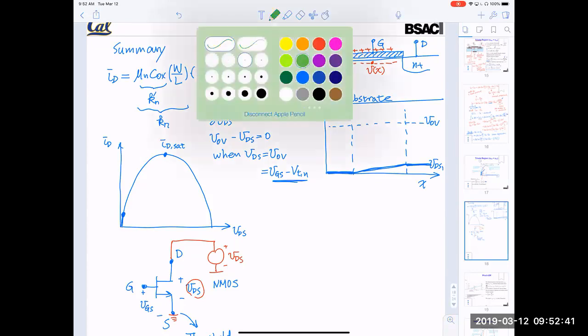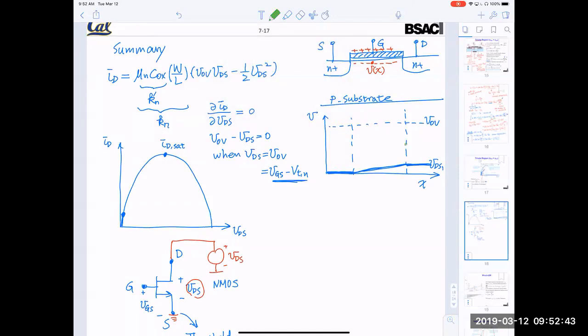Let me switch to a color. Let's say if we increase the voltage more, we reach somewhere here, and this is VDS2. We raise our voltage more, ID increases. There are more electrons in the channel, and they conduct more current.